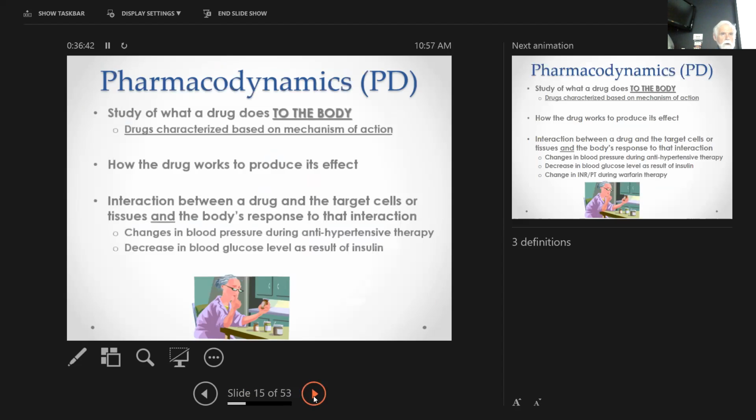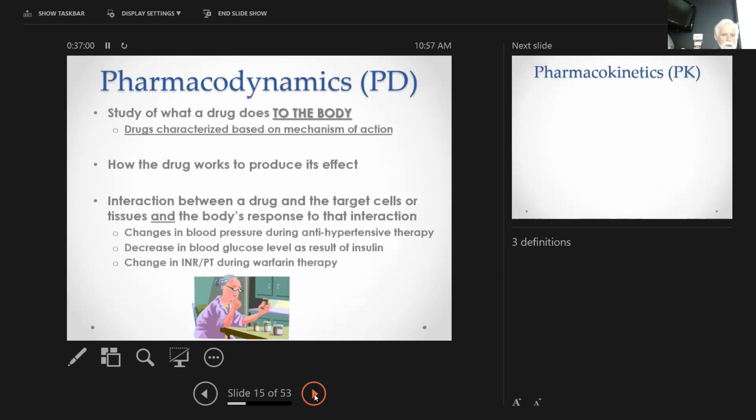Obviously, another example is decrease in blood glucose levels on dosing with insulin. So we study that. That is the pharmacodynamics, the body's response to the interaction of insulin on the glucose receptors.